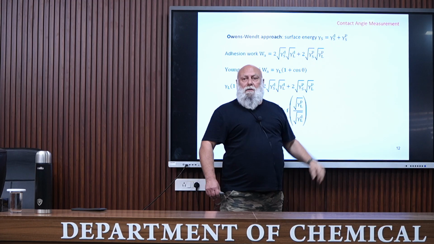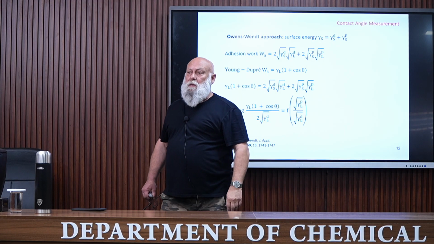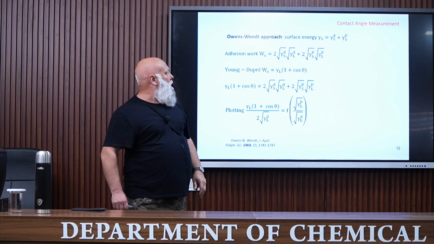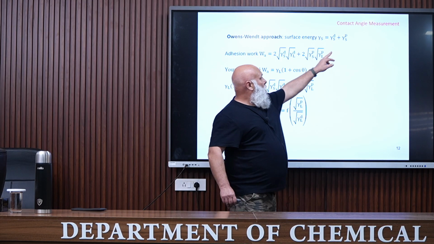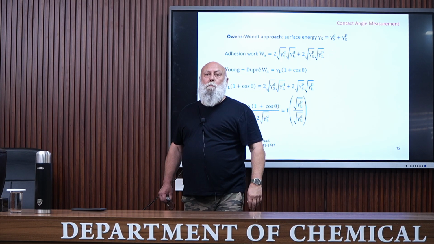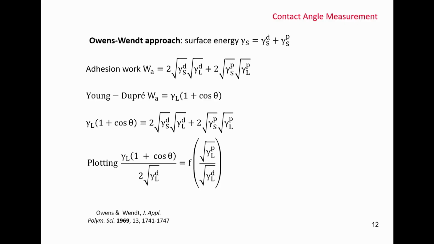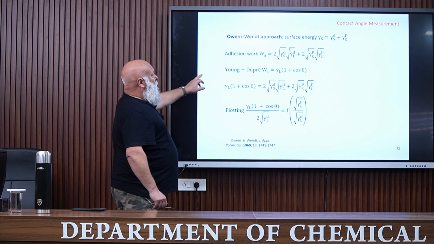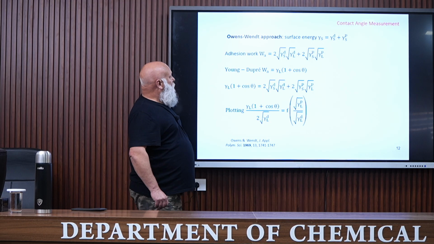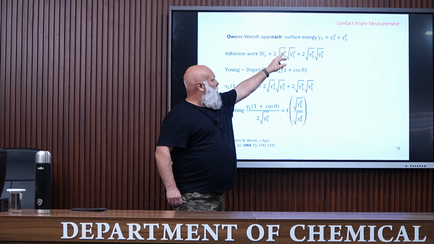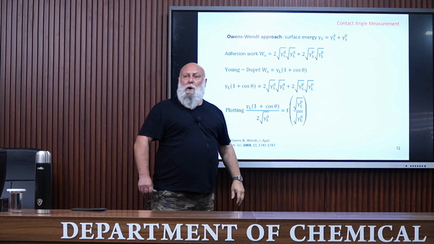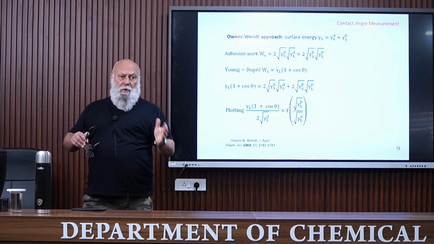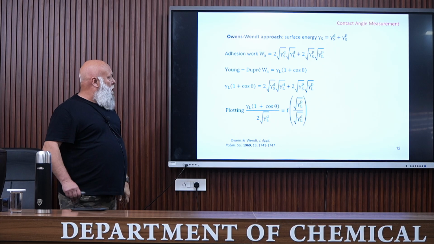One term which is associated to the dispersive interaction, so typically van der Waals interaction, and one term which is associated to polar interactions between the liquid and the solid. We can determine the adhesion work between the liquid and the solid, so the dispersive and polar components of both the liquid and the solid are involved.